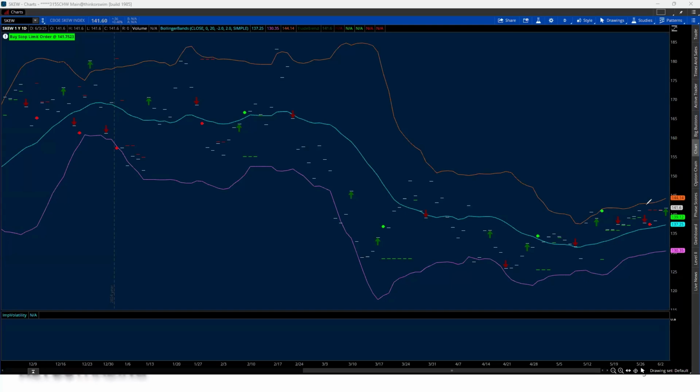So then what's the difference between the VIX and the skew index? So the VIX is based on implied volatility for at the money strike prices.